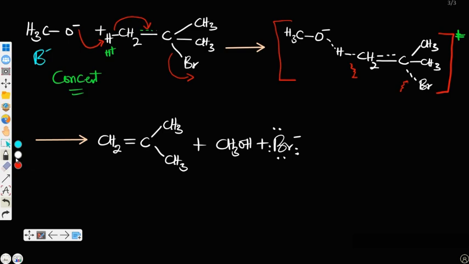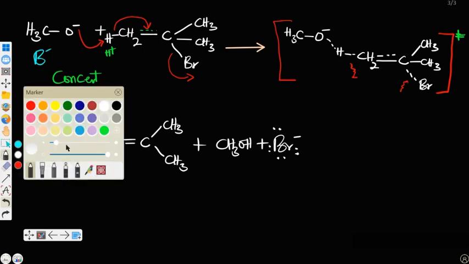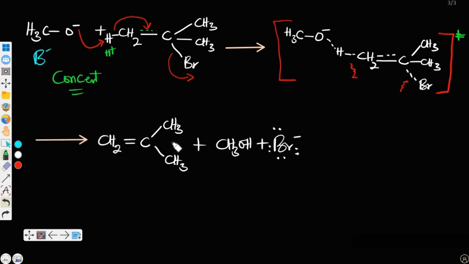Is that okay? So this is the reaction mechanism. Now, what is the name of this product? This is 1, or we can say 1, 2, whichever way you want to call it. You say this is 2-methyl propene, or we can say prop-1-ene, or 2-methyl propene. This is methanol that is formed here, and this is the bromide ion.